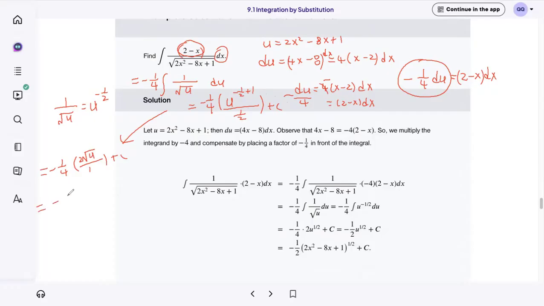So we have a negative, and simplifying this 2, it becomes negative half square root of u plus c. But now we can substitute the u back: square root of 2x squared minus 8x plus 1. So square root of this, then plus c.